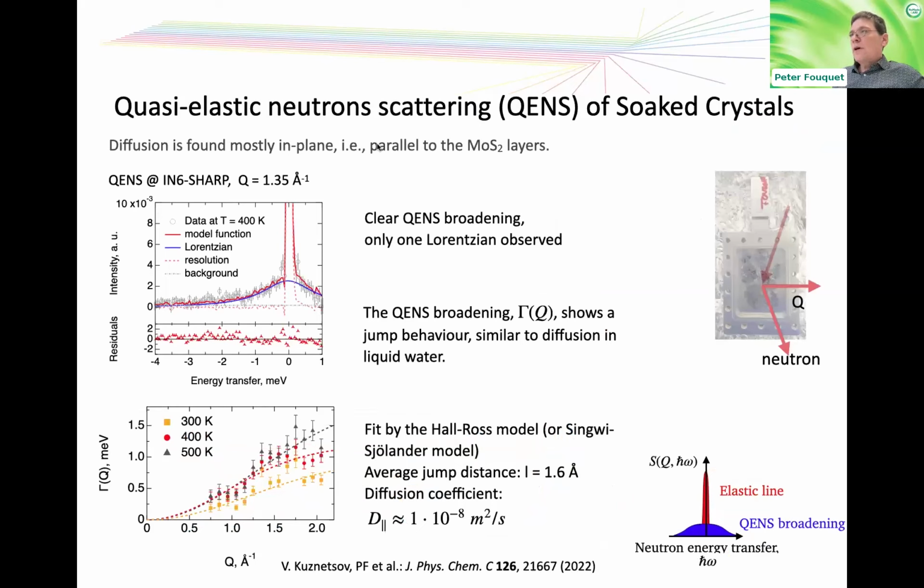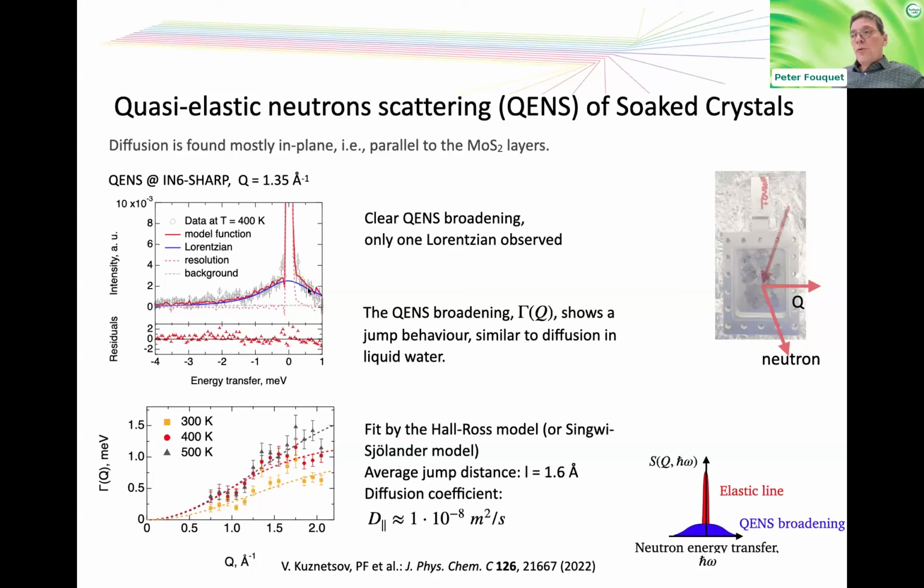And when we look at the neutron scattering, what we did there is we went to a time of flight spectrometer, and we looked at the broadening of this elastic line. That's what's called quasi-elastic neutron scattering, and that tells you something about the diffusion, meaning that when the particles, in our case the hydrogen atoms or the water, move in the sample, then the elastic line will be broadened, and you will see a slight foot here that's typically following a Lorentzian broadening.